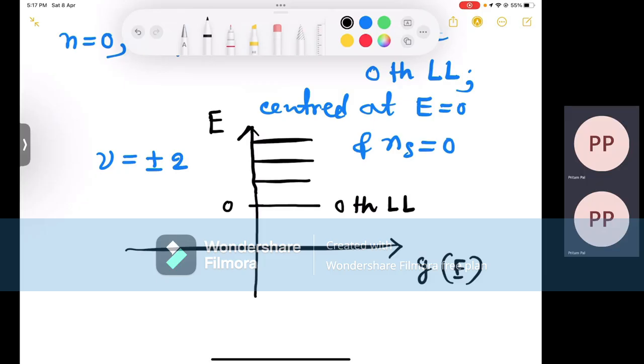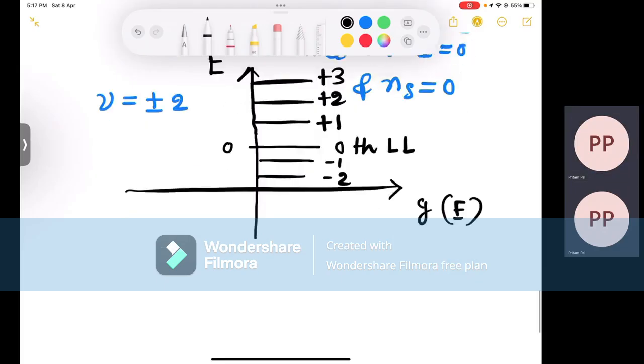So the first one, this is a 0, then below that we'll have -1, -2, above 0, +1, +2, +3. These are the indices for the different Landau levels, of course, and so on and so forth.